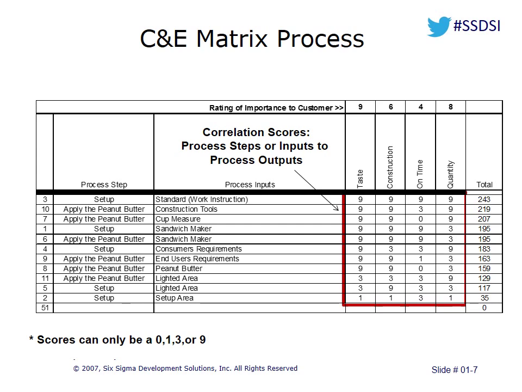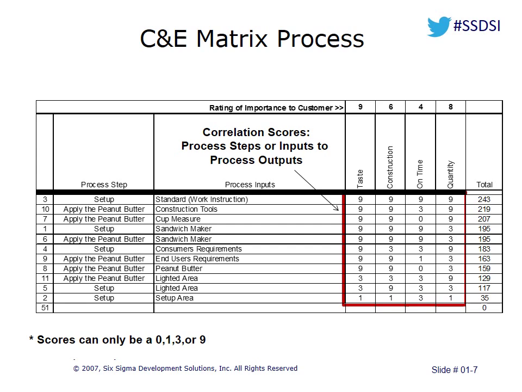So you look at the first row under process step, and you see setup under process step, and standard work instruction under process inputs. Now, after we've filled this template out, from the outputs to the rating of importance to customer to process step, process inputs, and the correlation scores, that helps us to then populate the total.